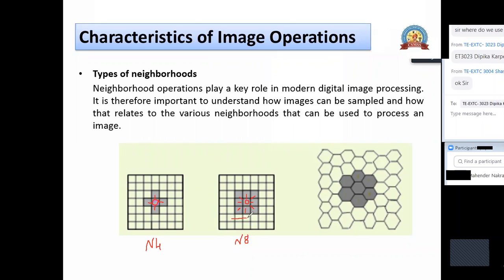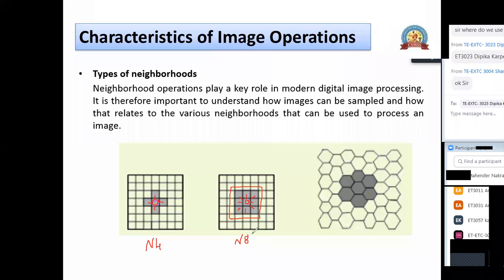If we include these 16 pixels also, 16 plus 8 will give us 24. In hexagonal, this is the center pixel, and its surrounding has these 6 pixels, right? So these are called N6 neighbors.